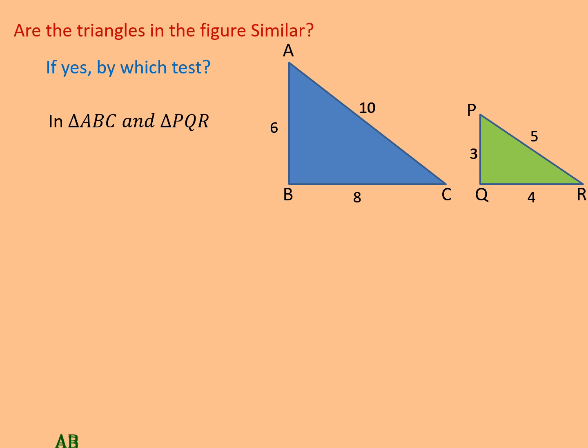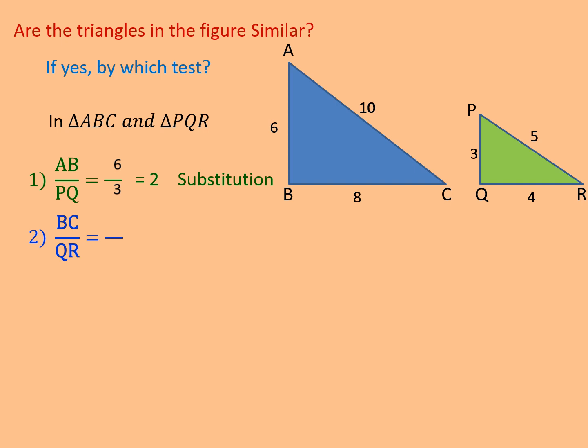So first we find the ratio of side AB upon PQ. The values are put there. We have done the substitution. Now I am finding the value of the ratio of side AB upon PQ. So I got 2, as you can see, 3 one time and 3 two times.